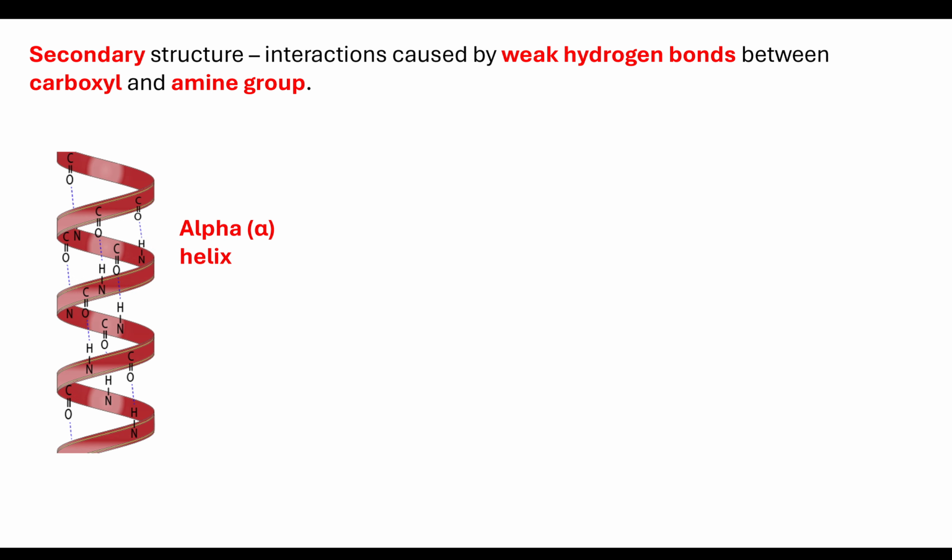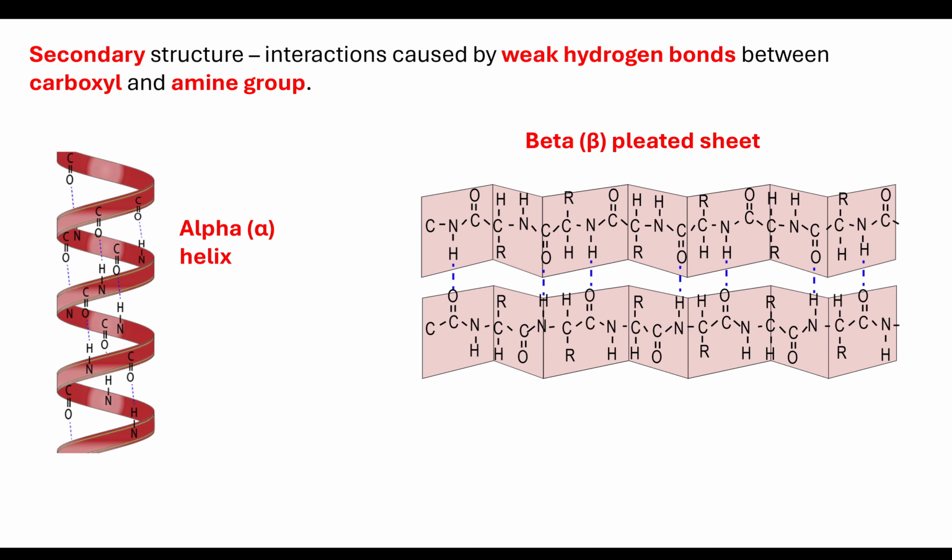So what happens is interactions, which are weak hydrogen bonds, form between the carboxyl group of one amino acid and the amine group of another. These either cause a helix shape, which is called the alpha helix, or they can cause what's known as beta-pleated sheets, which happens when the long chains come parallel to each other and it forms a pleated shape.